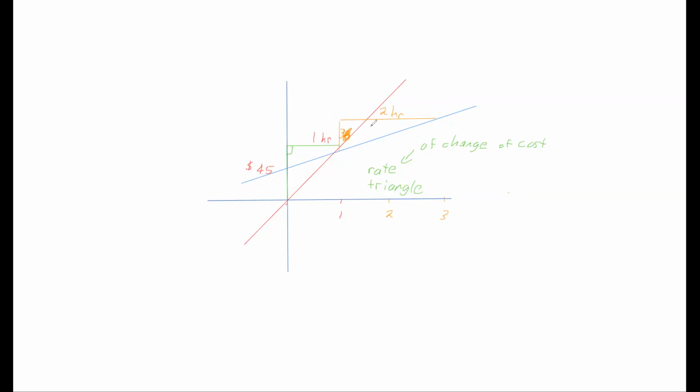So for 2 hours work, his graph is increasing 36. So the rate of change, again, is 36 for every 2 hours, which is the same as $18 for 1 hour. Okay, so that's what we mean by talking about rate of change.